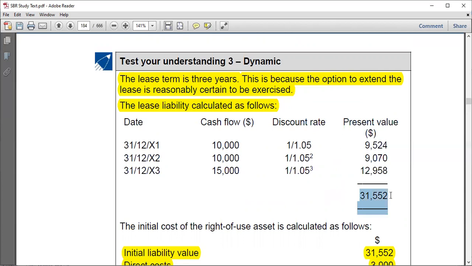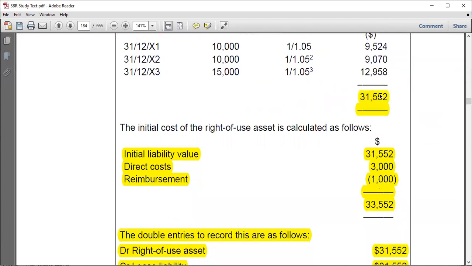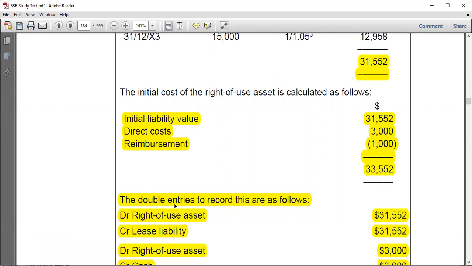We spoke of present value yesterday. If you have this figure, then you credit lease liability by it, and then you debit the right of use asset by the same figure. Just as you see here: debit right of use asset by 31,552 and credit lease liability by the same figure.